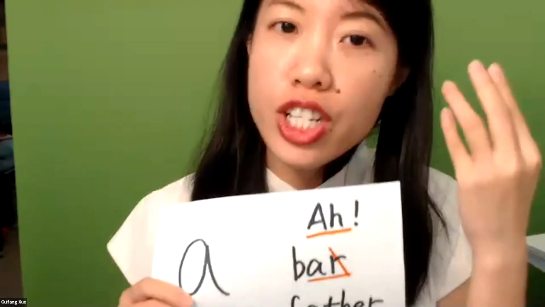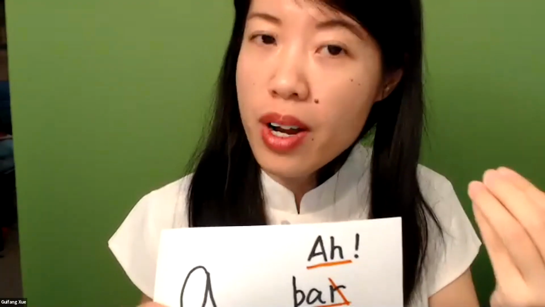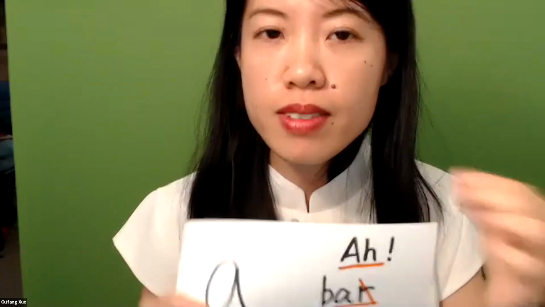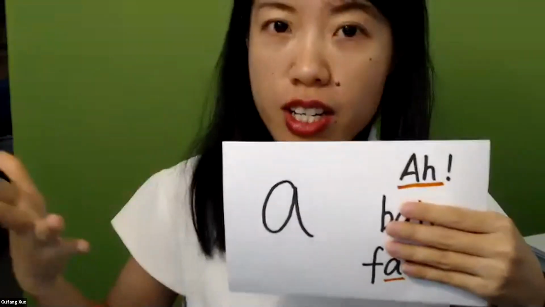So that's how I associate the sound. If you find your own way to associate a new language, a new sound, a new pronunciation with some sound that you're familiar with, it will stick in your head. So that's the example, association.